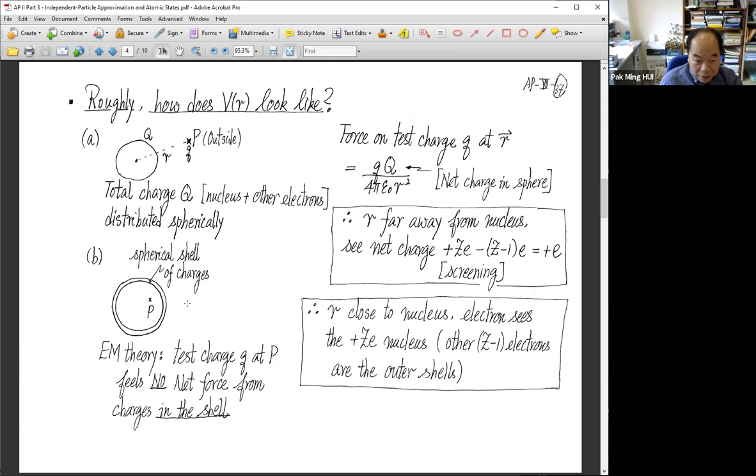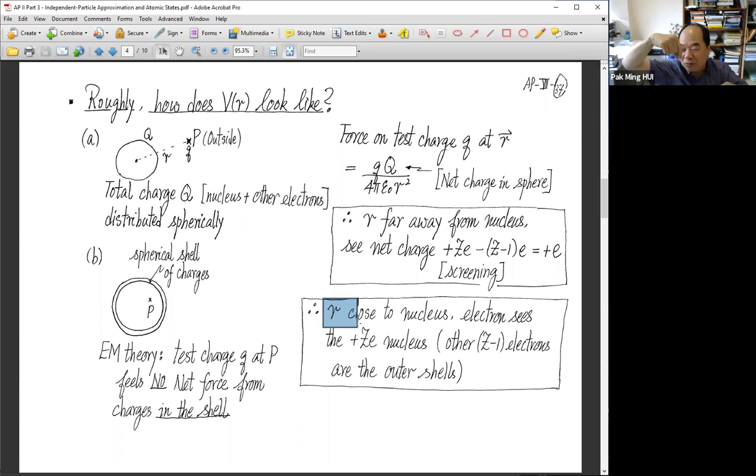And now, if the distance from the nucleus is small, it is close to the nucleus, then you can think about all the other electrons as being outside that location. So in E&M, you also know that a shell of a conductor, okay, so electrons there would have no effect on you, right?